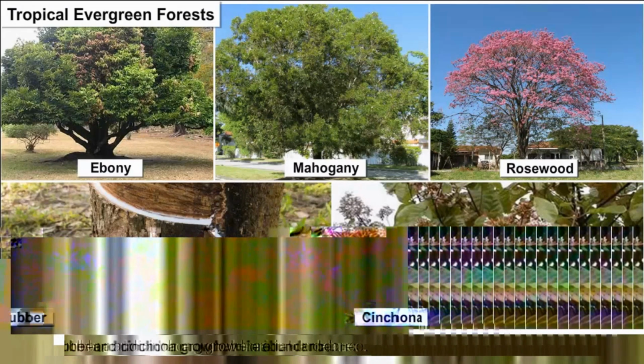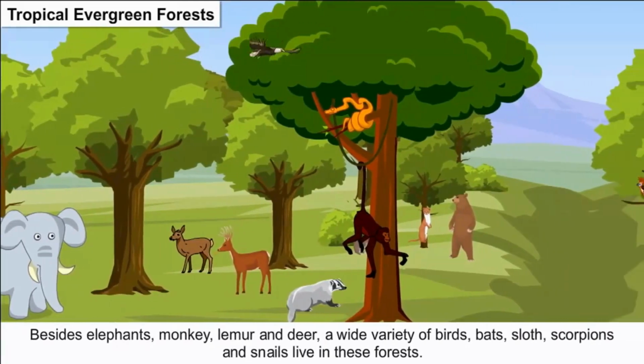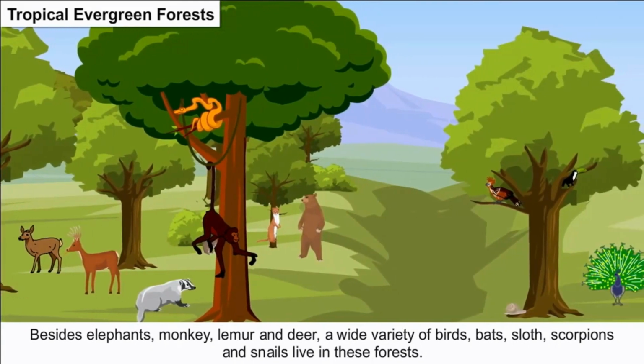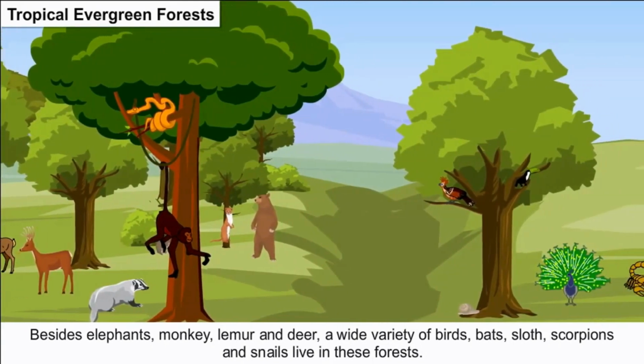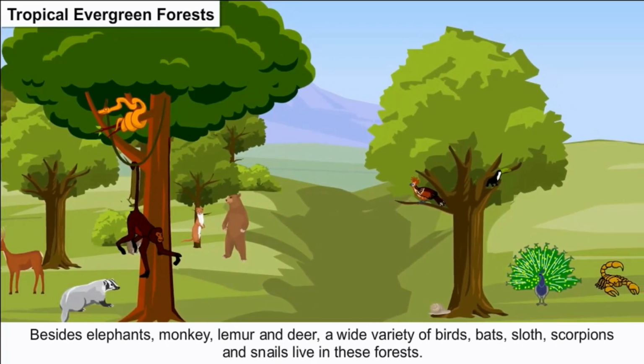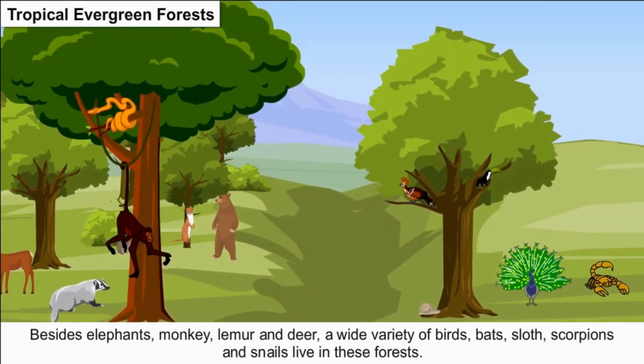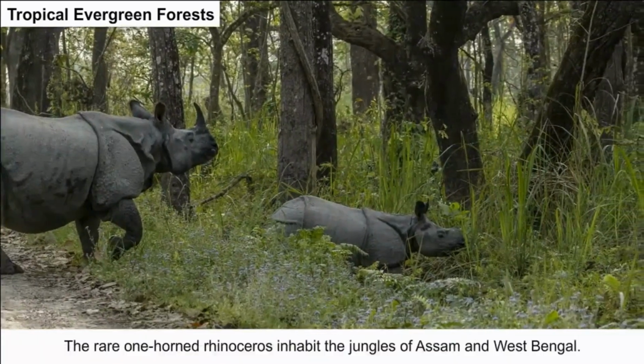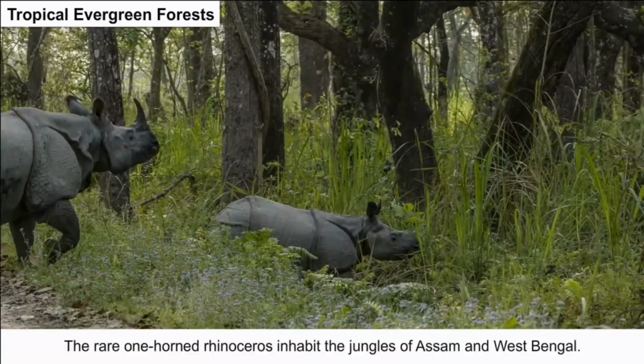Besides elephants, monkey, lemur, and deer, a wide variety of birds, bats, sloth, scorpions, and snails live in these forests. The rare one-horned rhinoceros inhabit the jungles of Assam and West Bengal. 2.